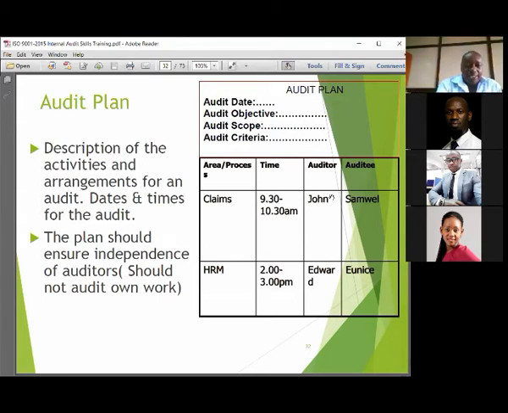So, and all that. But you need to ensure independence of auditors. They should not audit their own work. So if John is the auditor of claims, we don't expect John to be the claims manager or working in claims. So that is the only thing you need to ensure there. But that is now the specific plan that will be used.